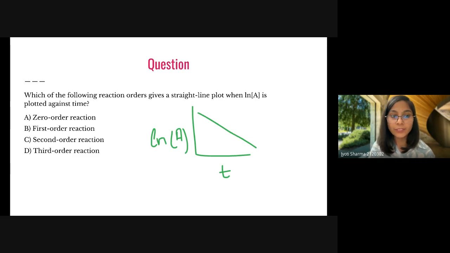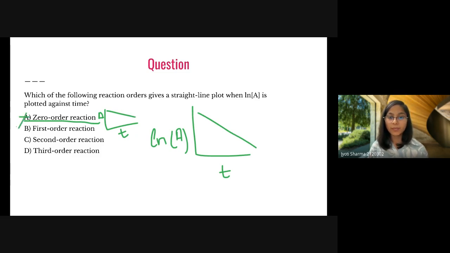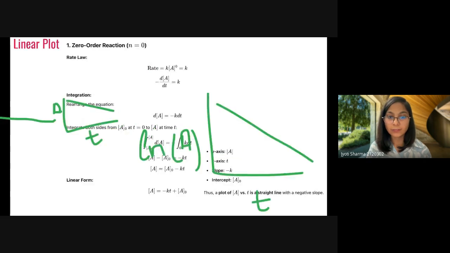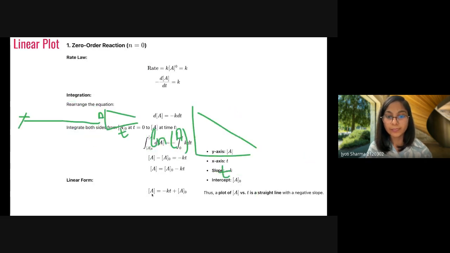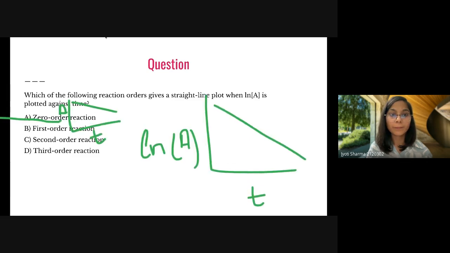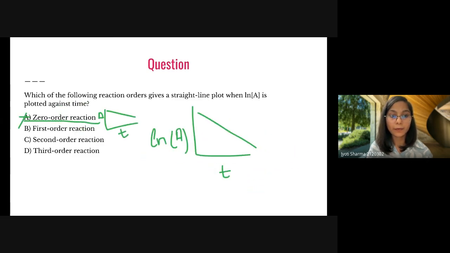We already know that for the zero order reaction, the graph should be A versus T. Then only will it give us the straight line. So this is not the answer, because we already understood this from here. Now can you tell me which reaction order will give us the straight line plot when natural log of A is plotted against T?